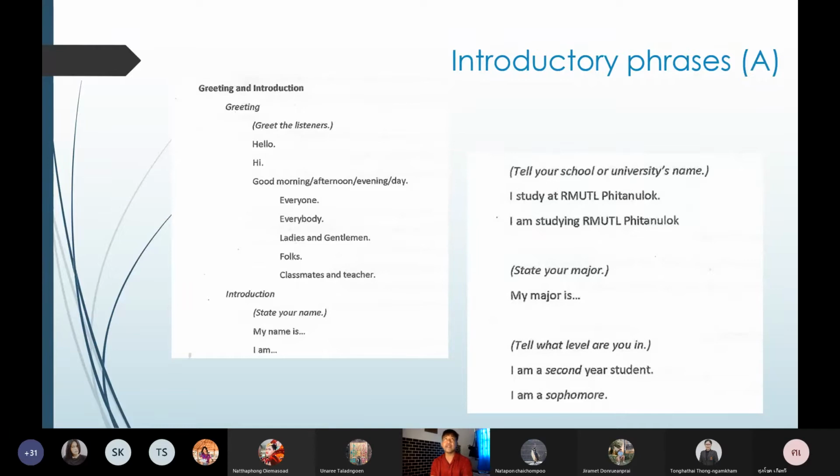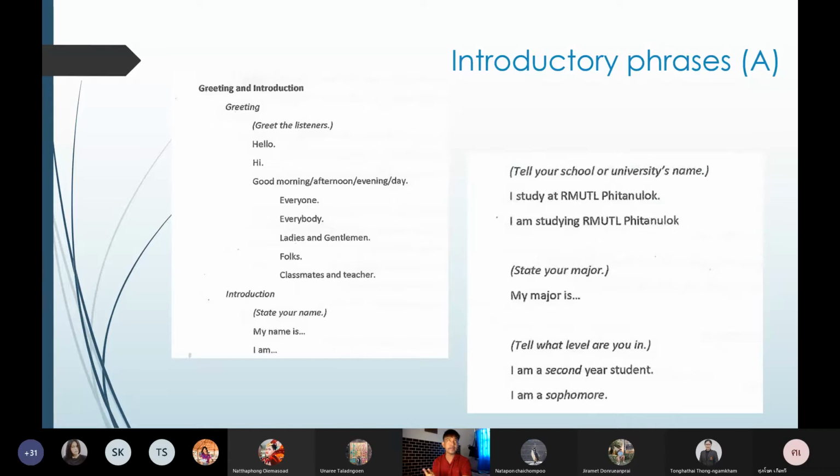Or if you want, I study, then your major. For example, your major is EIC. I study English for International Communications at RMUTL Pitsanulok. Another one, if you're studying in engineering, I study mechanical engineering at RMUTL Pitsanulok.